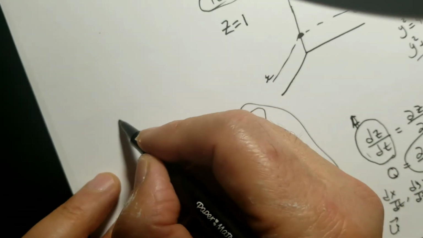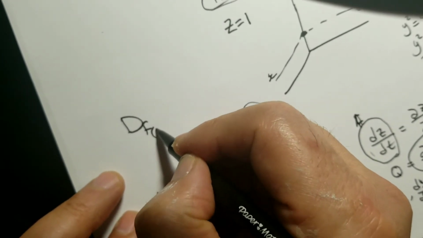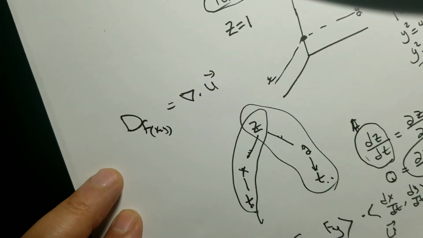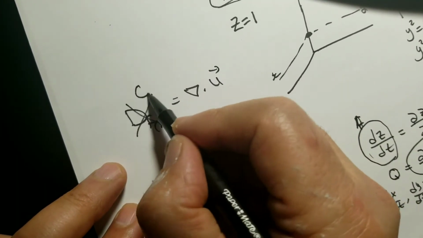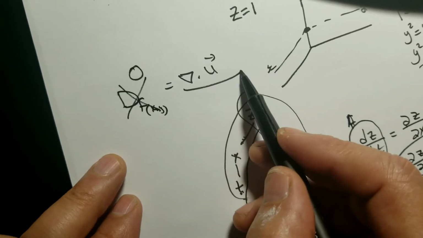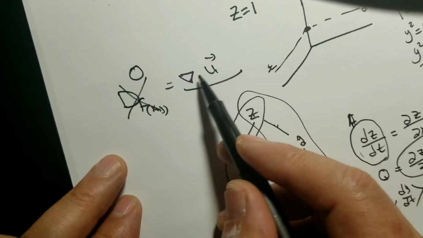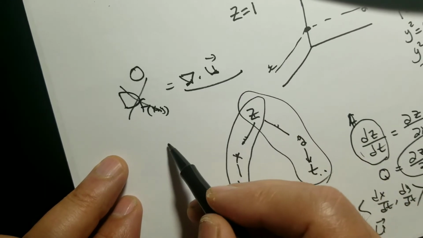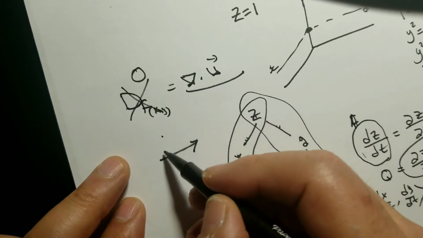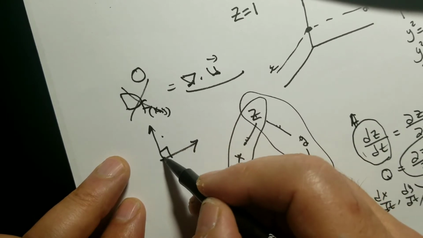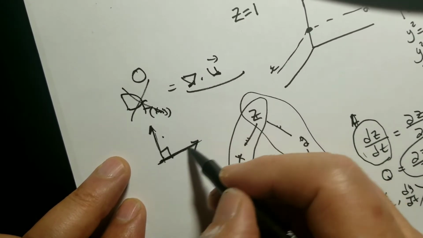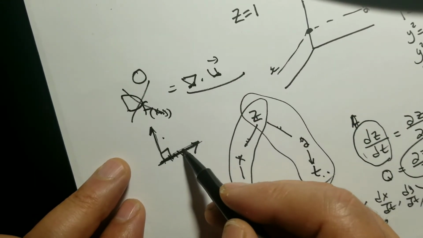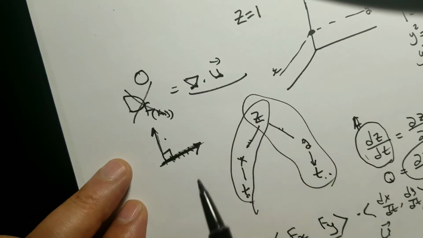Remember, the directional derivative of a function of x and y was the gradient dotted with a unit vector. And if the directional derivative becomes 0, the rate of change, the dot product is 0, means these two are orthogonal. Therefore, if the directional vector and the gradient are orthogonal, the rate of change, or directional derivative, in this direction is 0.